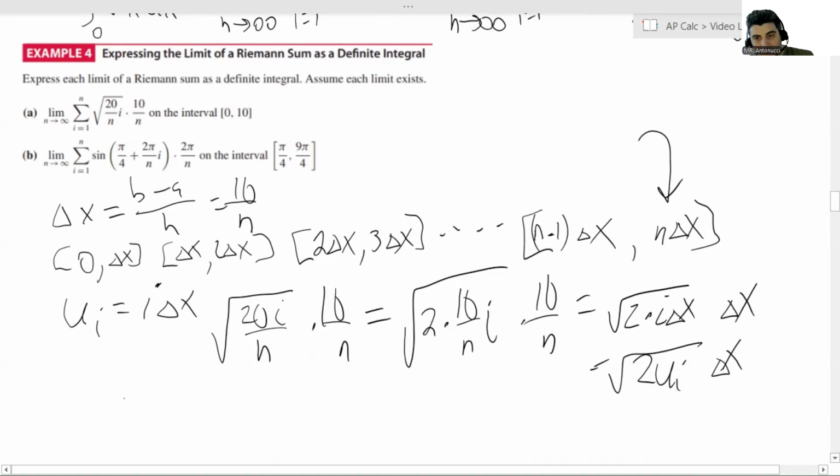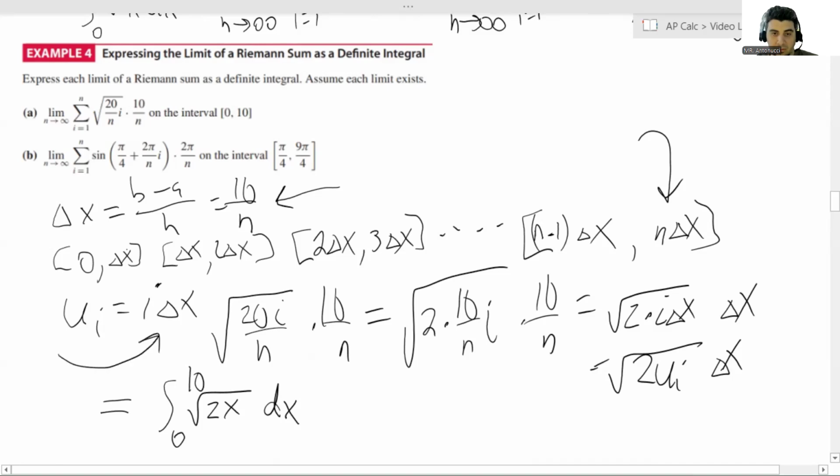So then we could write that as the definite integral from 0 to 10 of square root of 2x dx. These middle steps, especially getting the 10 over n and the x_i and rewriting it, help us see that the integrand is square root of 2x and not just square root of x.